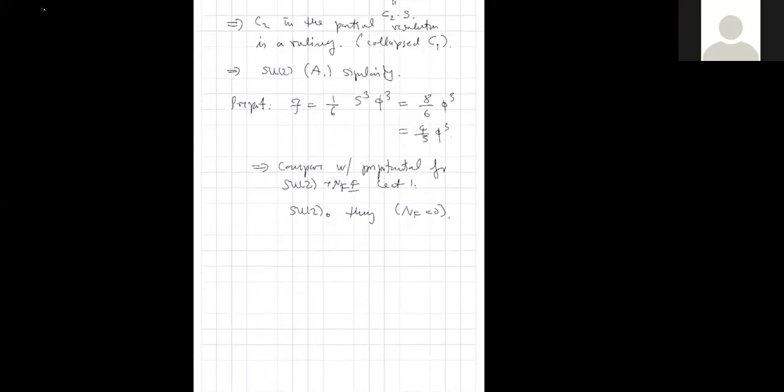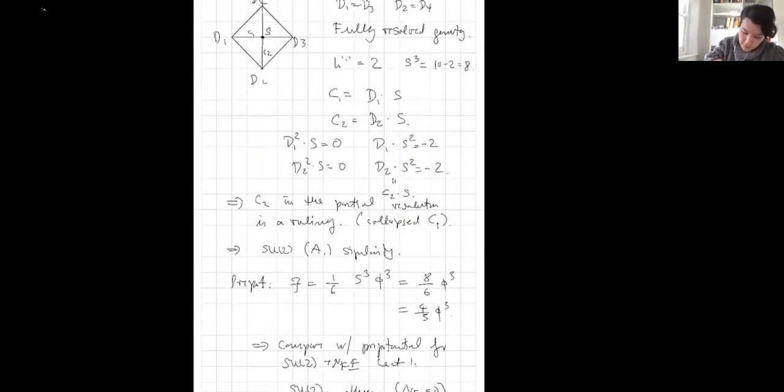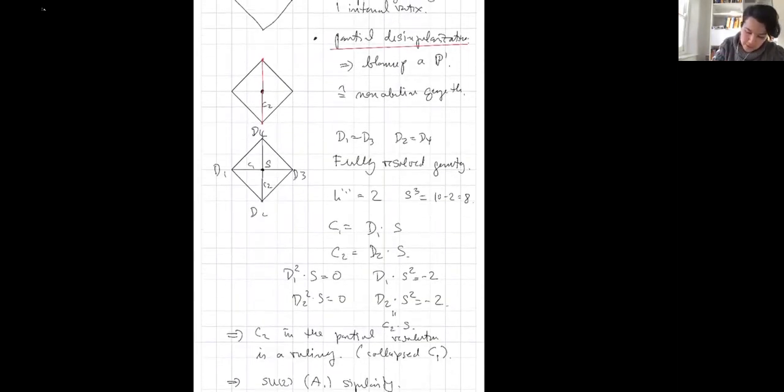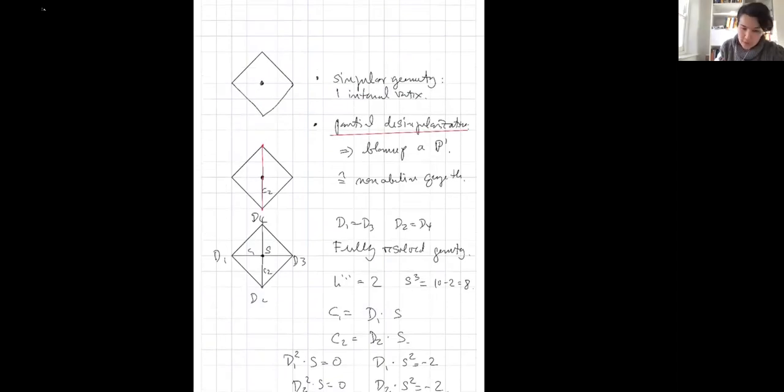Excuse me, just one question: can you also reproduce the quadratic term, so the gauge coupling term, from this geometric part? The gauge coupling, so the quadratic term in phi? Yes, so here I've done this in the fully resolved geometry. The gauge coupling term is also like a mass term.